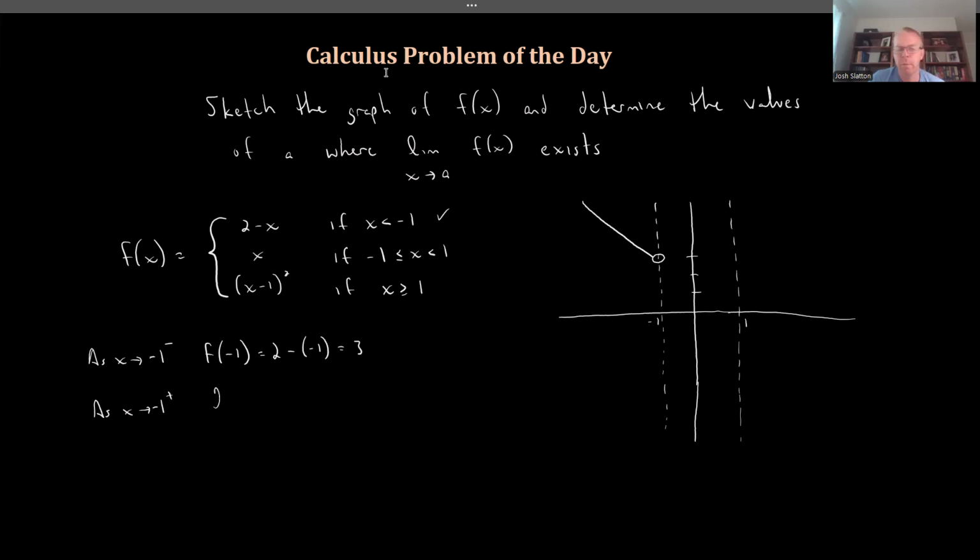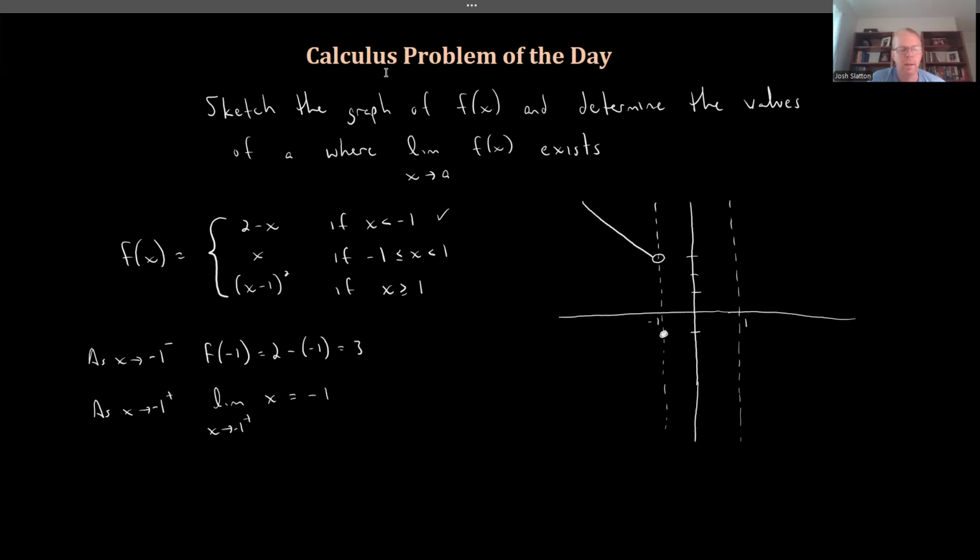To be more precise, we're finding the limit as x approaches -1 from the right, and the function would be x at that point. So this just comes to -1. It's a continuous function, so you just plug in the value. So at -1, we're going to be right there, and that's a closed circle because we are including -1 in this interval.